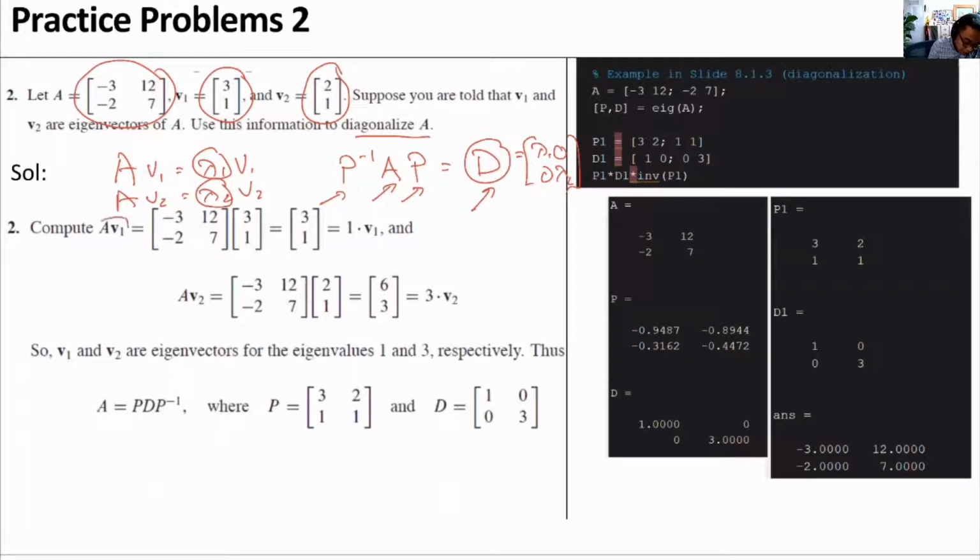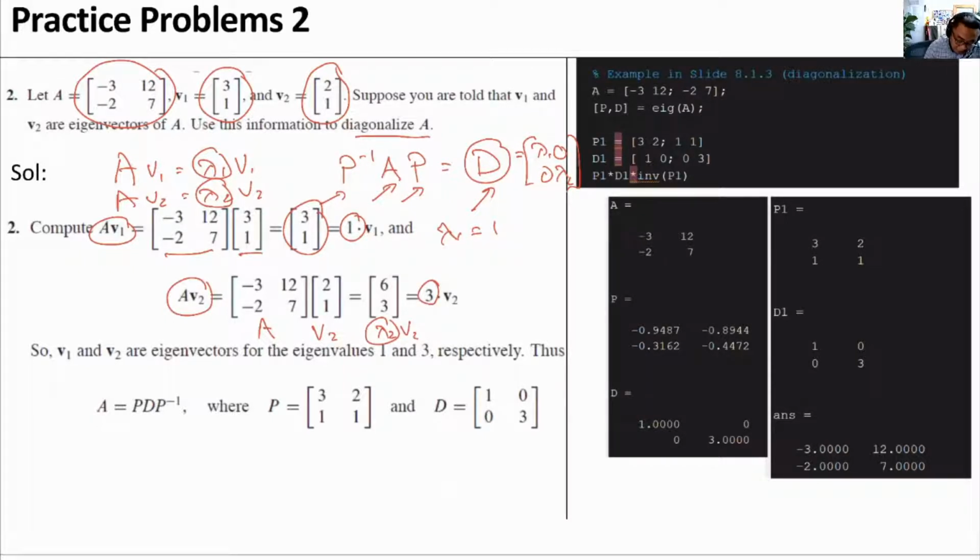So we compute A V1. We found that this is A, this is V1, giving us V1. Therefore, lambda 1 equals 1. A V2 is A times V2, which gives lambda 2 V2, showing us that lambda 2 equals 3.